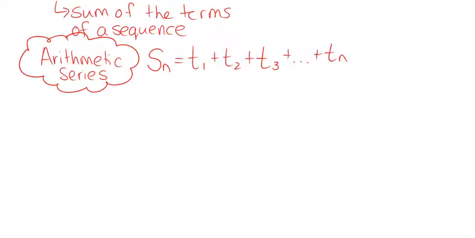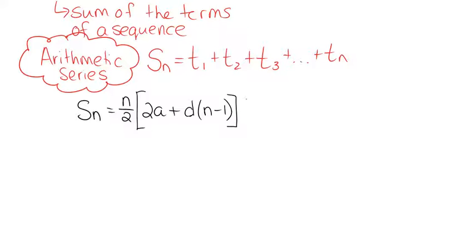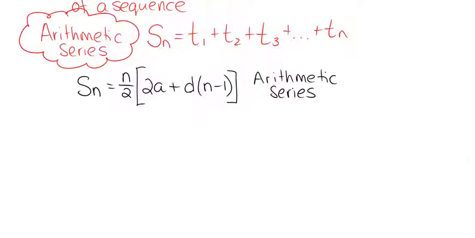The sum of the first n terms of an arithmetic sequence is equal to n divided by 2, multiplied by 2 times the first term, a, plus the common difference times n minus 1. This is our arithmetic series formula. It can take the terms of a sequence and add them all up.